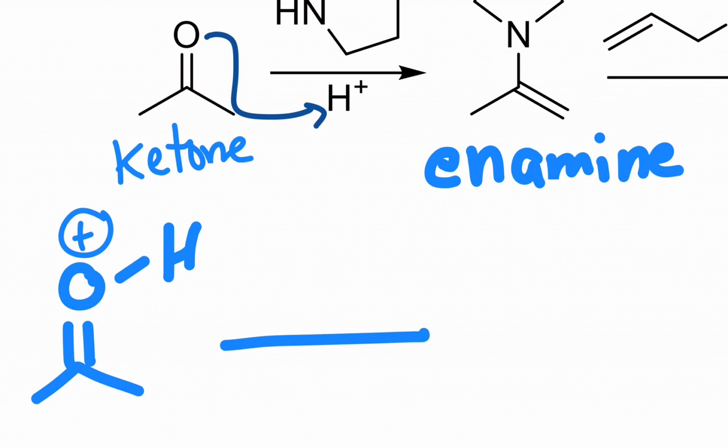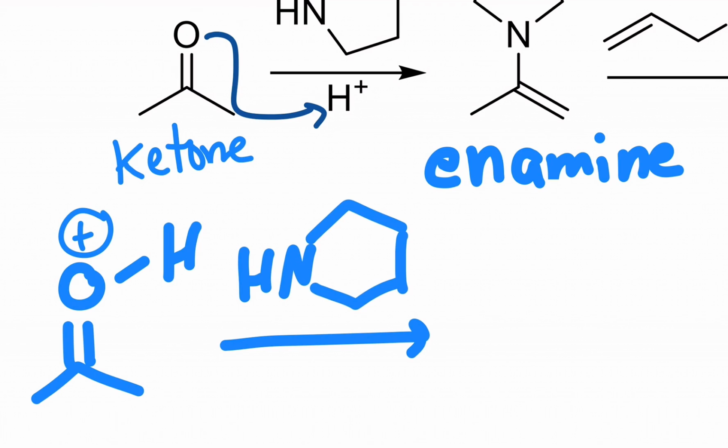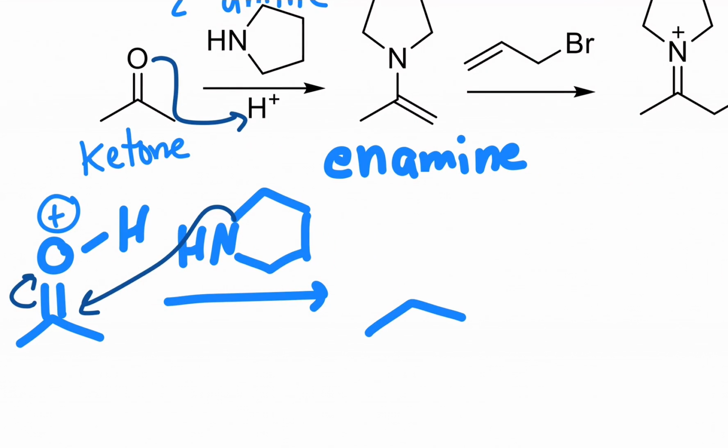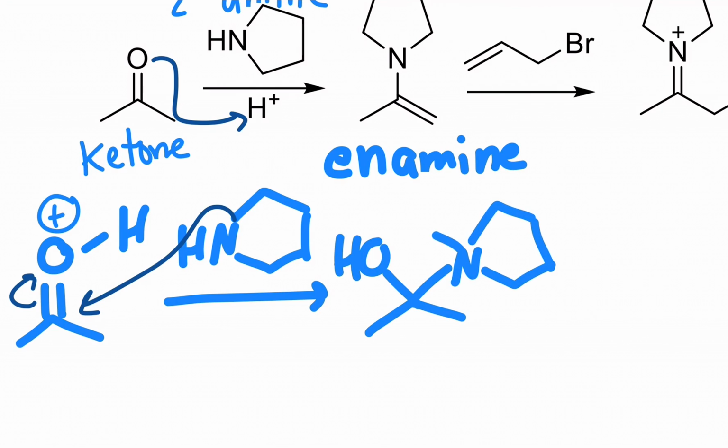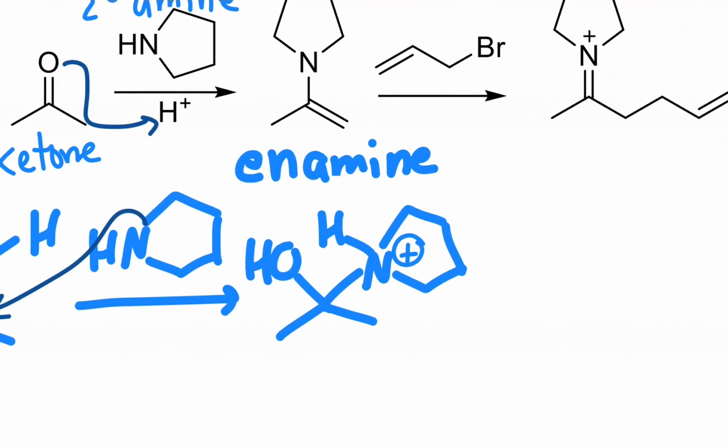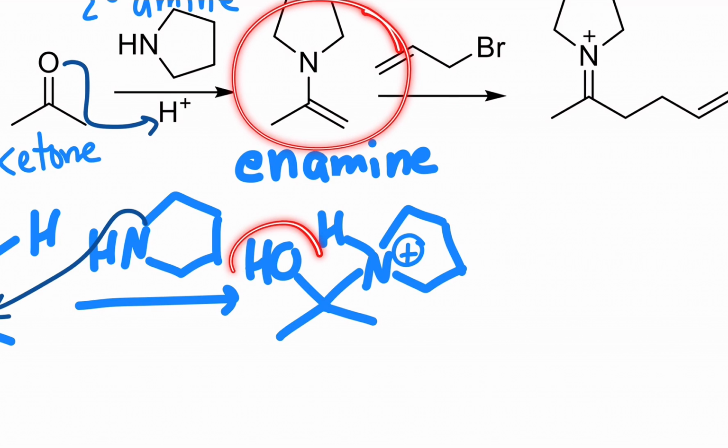Then our secondary amine will attack the oxonium carbon, send those electrons up. Now you have an OH and a new carbon-nitrogen bond. This is going back a couple units to amine chemistry. That's what all this is going to look like. If I look at the enamine product, I need to get rid of this OH.